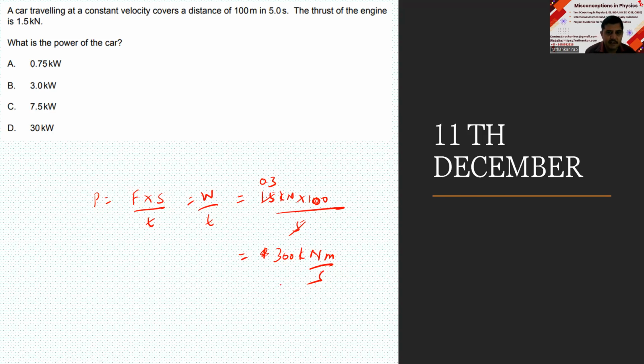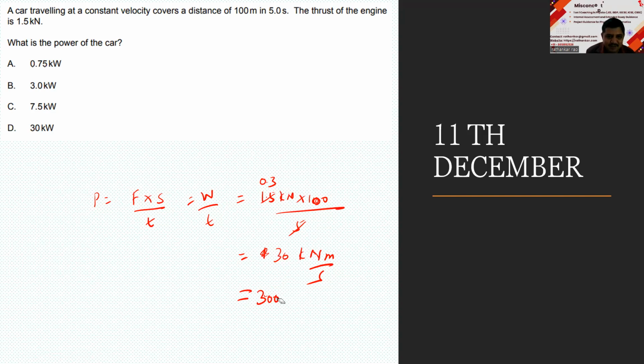Do I have this answer? No. Why? 1.5 kilonewton, 0.3, oh my God, I made a mistake here. 0.3 multiplied by 100 is 30, right?